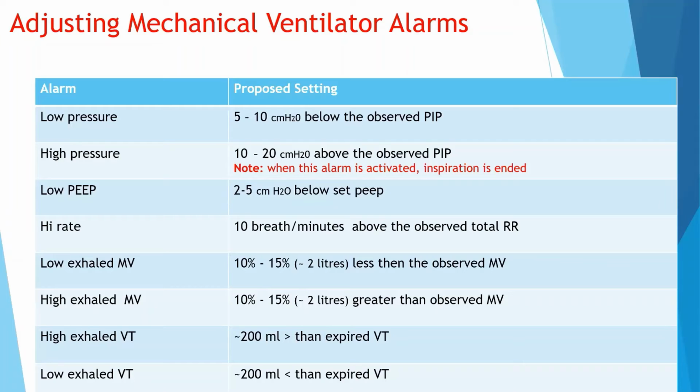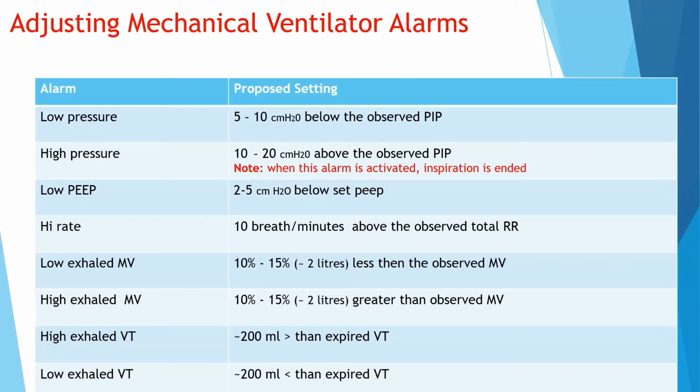If there is a low PEEP alarm, it's set usually 2 to 5 centimeters of water below the set PEEP. If there's a high rate alarm, usually 10 breaths per minute above the observed total respiratory rate, and a low exhaled minute volume, 10 to 15% of the observed total minute volume, or approximately 2 liters.